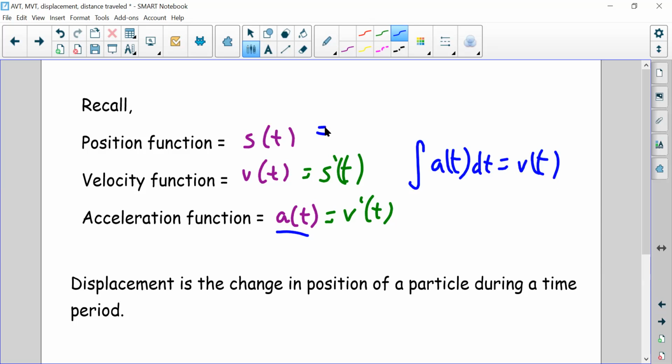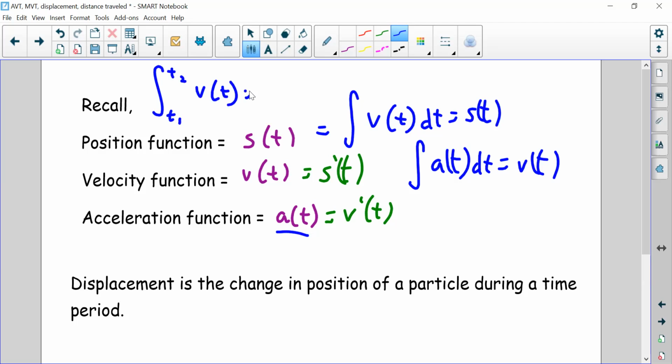What we're going to focus on today is the integral of my velocity function, which is also equal to my position function. More exactly, if I do the integral from time 1 to time 2 of my velocity function, the antiderivative of velocity is position.